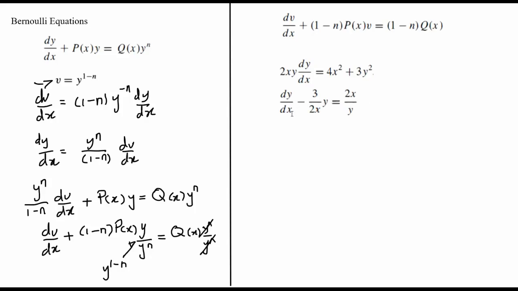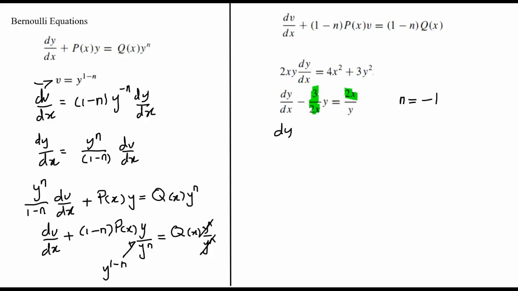And what happens is, now you can compare these here by looking at, for instance, this term here. So if we look at these terms, basically it comes up and becomes y^(-1), and that makes this a Bernoulli equation, in fact, with n equal to -1.